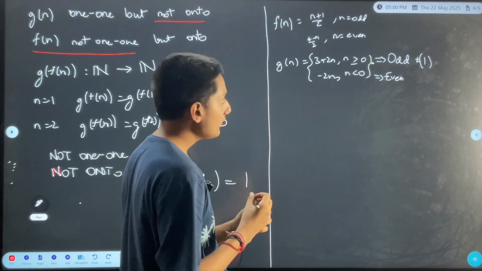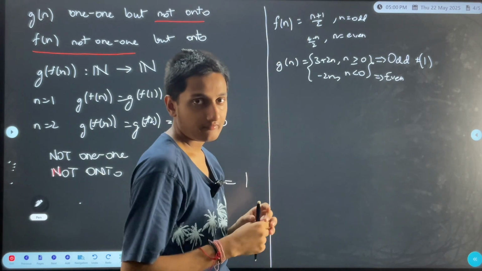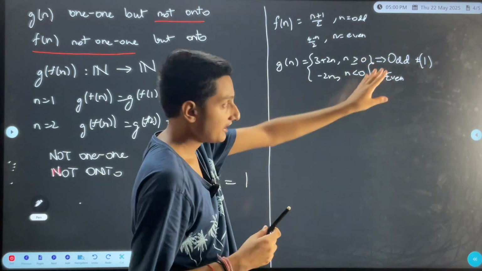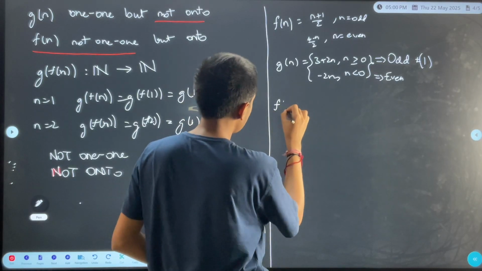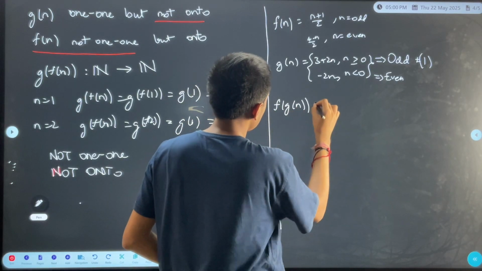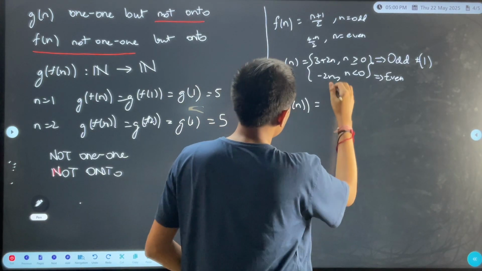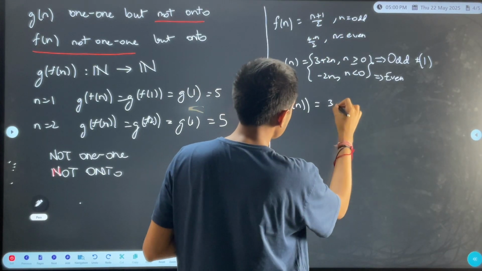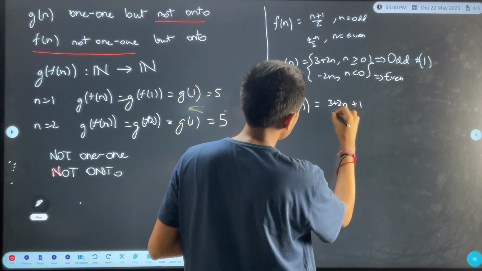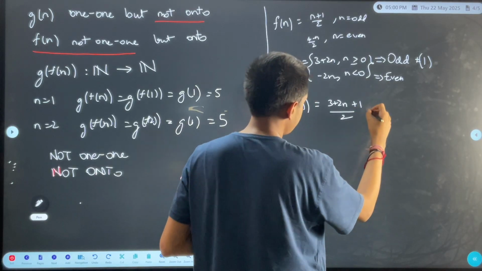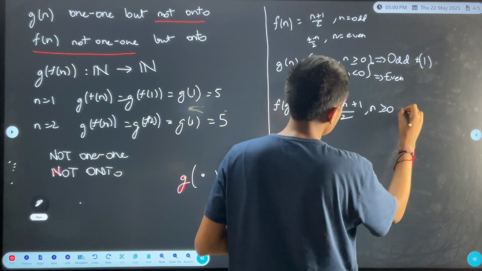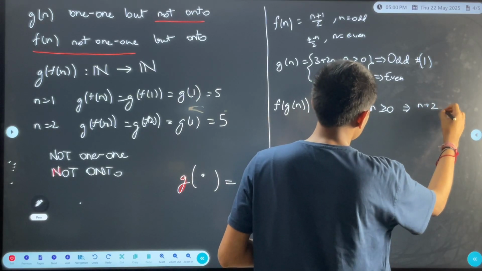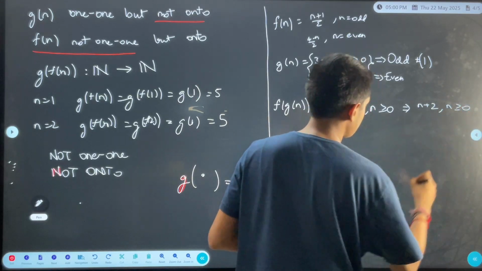So what we can do is instead directly substitute these functions into here for the specific case. So we get f of g of n as equal to, substituting 3 plus 2n for this case, (3 plus 2n plus 1) by 2 for n greater than or equal to 0, which comes out to be n plus 2 for n greater than or equal to 0.